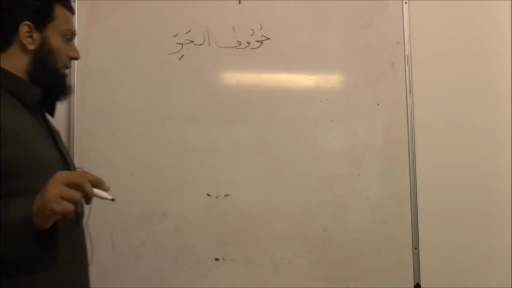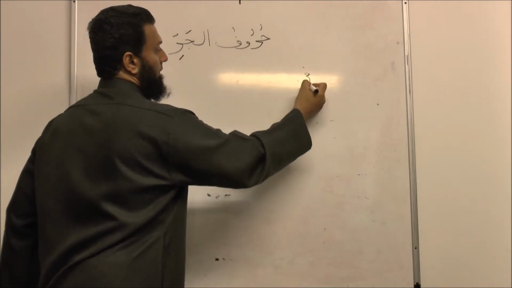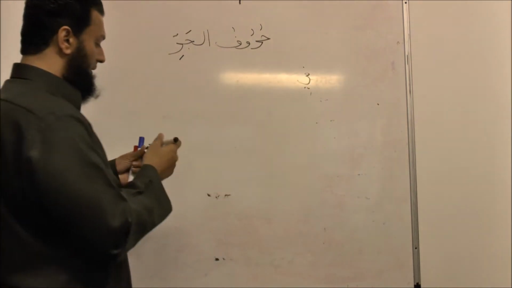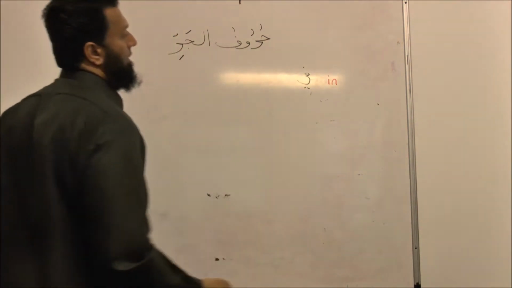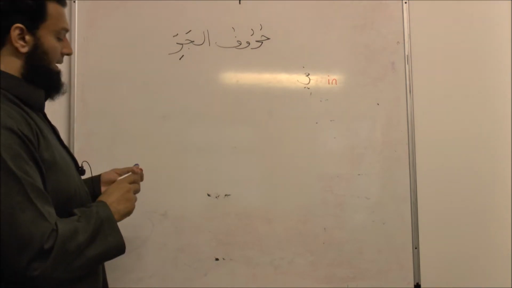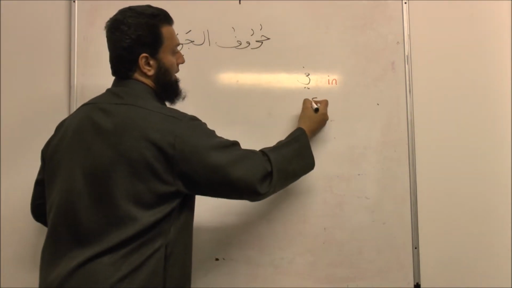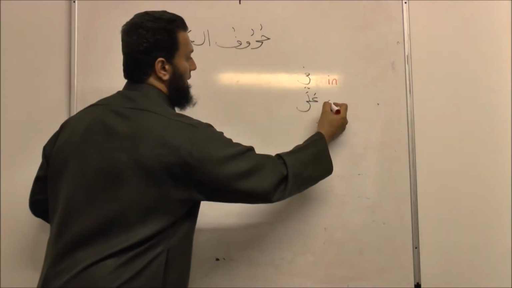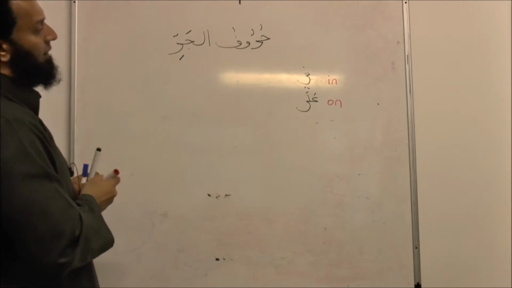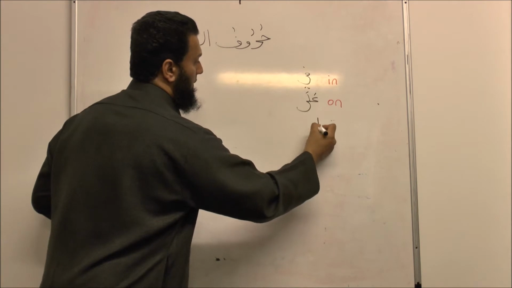One of the most common examples of a huruf al-jarr is fi, and fi means in. The next one is ala, which means on. Next, ila, which means to.